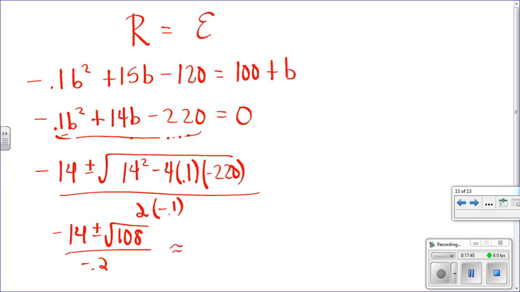It's going to be about 10.3. What is it? 2.39. Alright, we'll just say so about when does the profit equal 0?